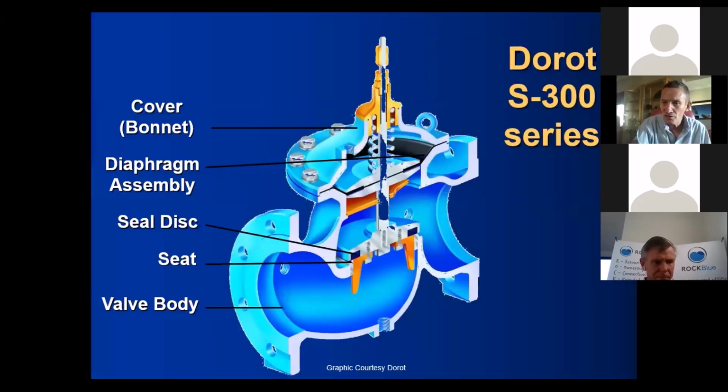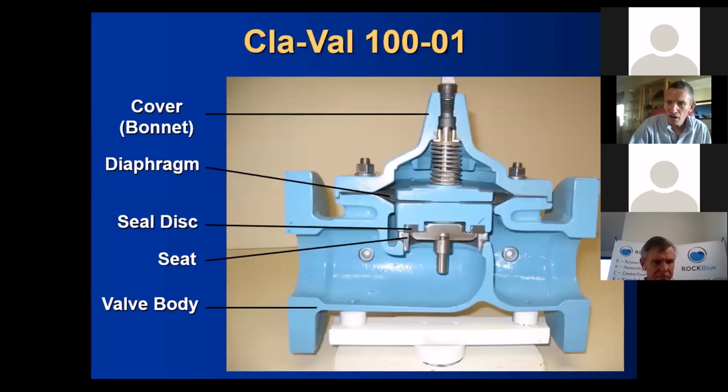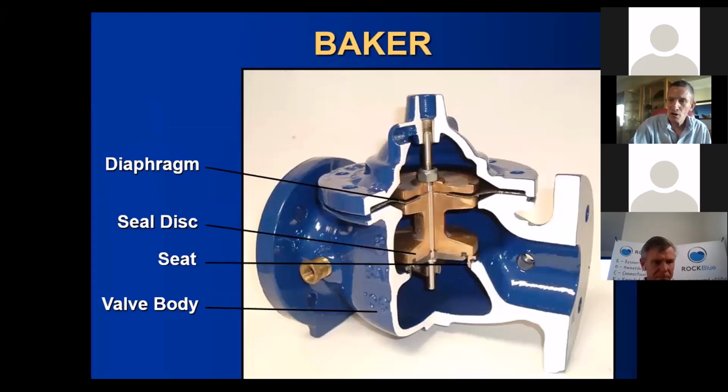There's a whole bunch of valves that we're not tied to any particular valve maker. There's a whole bunch of fairly good valves. You get the Durots, you get Burmats, you get clay valves, you get Baker valves. There's Singer valves. There's a whole bunch of fairly good quality valves.